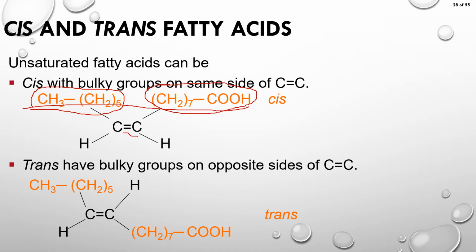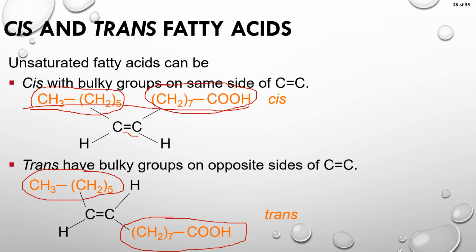Now for trans, the bulky groups are on the opposite sides of the carbon-carbon double bond. In this case, you have this bulky group 1, and on the other side, below it, is another bulky group 2.